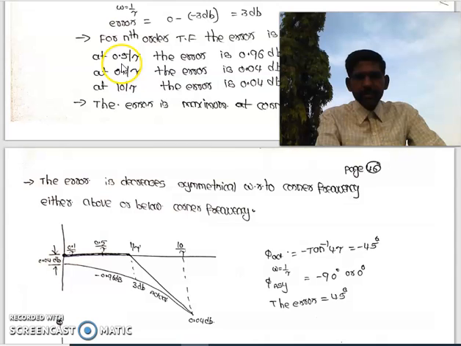See here, at 0.5 by tau, the error is minus 0.96 dB. At 1.5, the error is 3 dB. At 10 by tau, the error is 0.4 dB. At 0.1 tau is 0.04 dB.